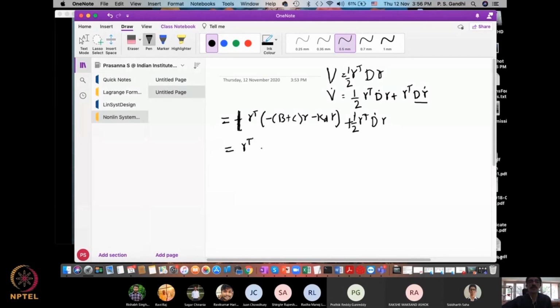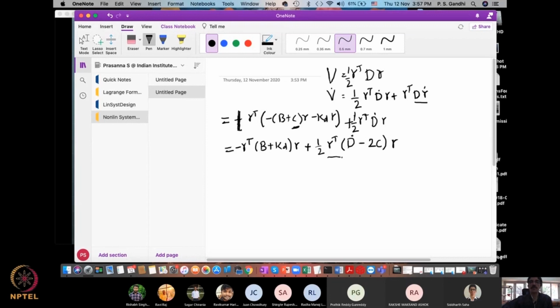So r transpose, and I use this C term from that side, so now this is my negative B plus K D, and r, plus half r transpose, now this will be D dot minus 2C, this C from the other side, and r.